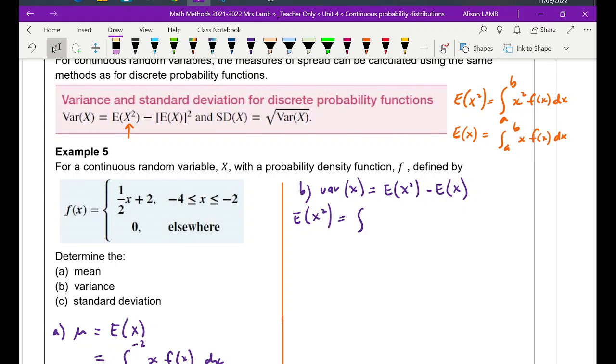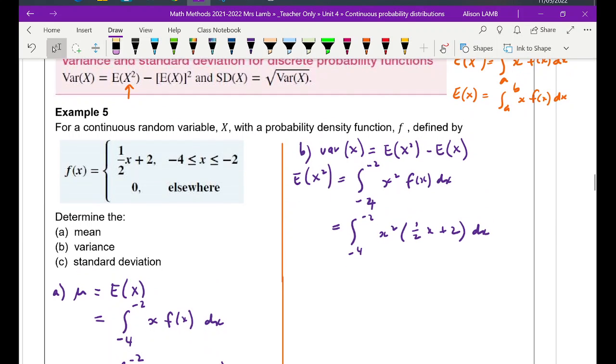So this means between negative 4 and negative 2, we need x squared times f of x. So we need to multiply x squared times a half x plus 2, and then integrate.